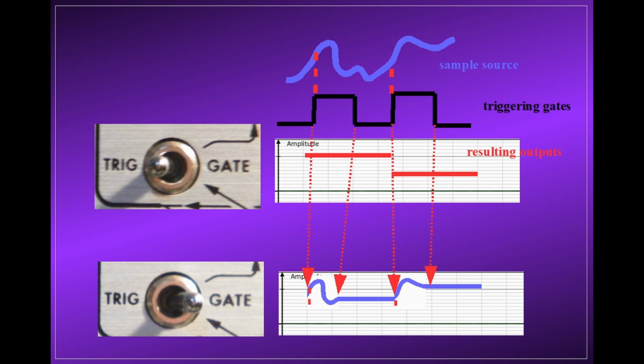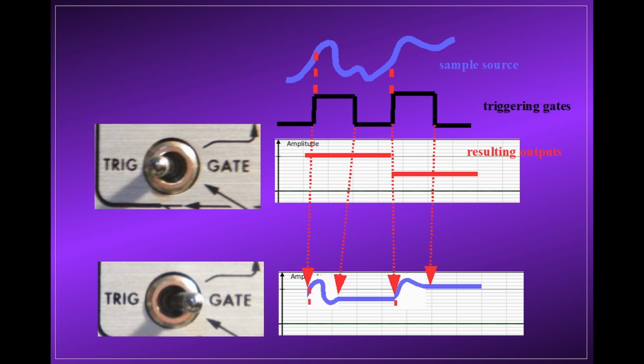This is the way our module 1036 works when the switch is set to trigger mode. In gate mode, the levels of the module's output change according to the levels in the sample source, as long as the level at the sample input jack is high.